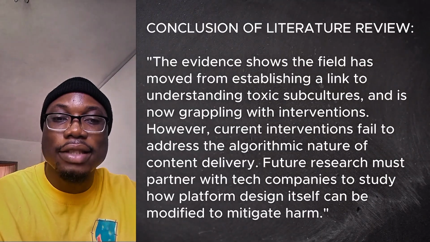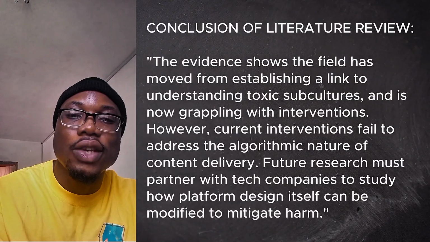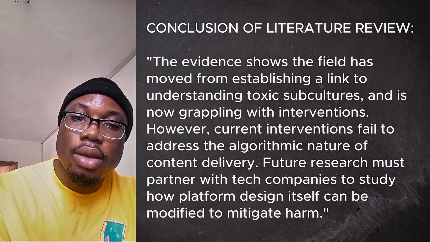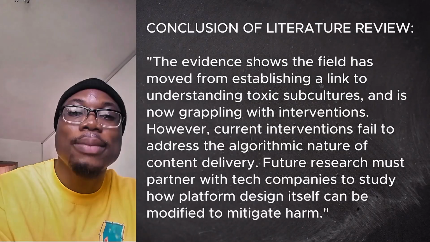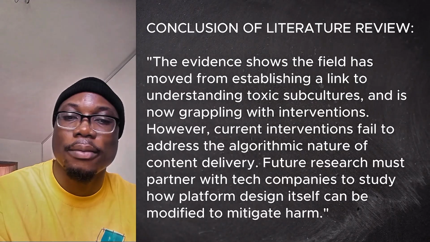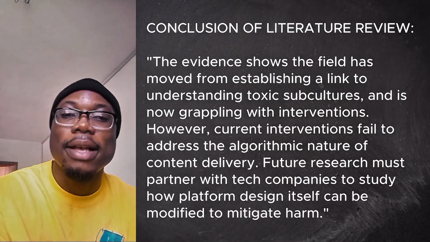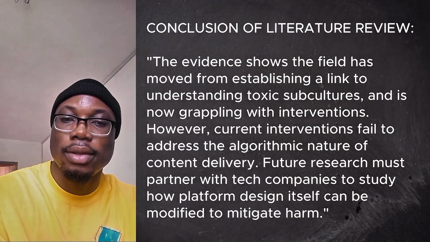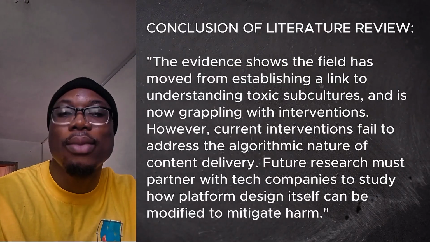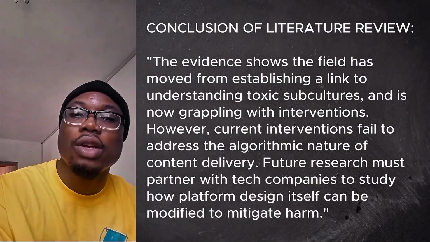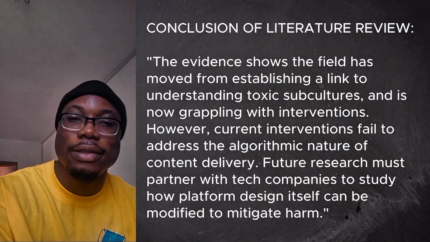Then you state the limitations clearly and the future directions. Be bold. Something like, however, current interventions fail to address the algorithmic nature of content delivery. Future research must therefore partner with tech companies to study how platform design itself can be modified to reduce the harm on the mental health of adolescents.